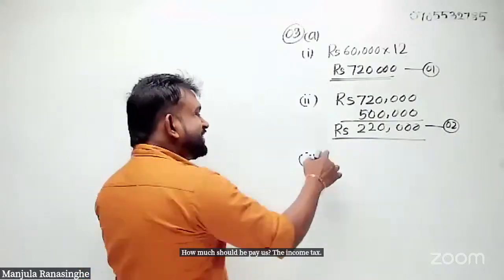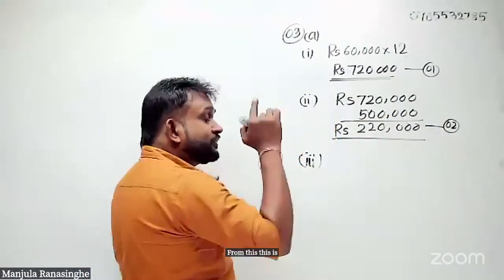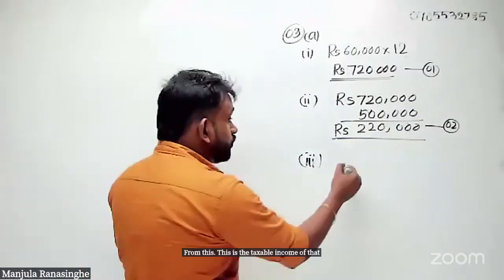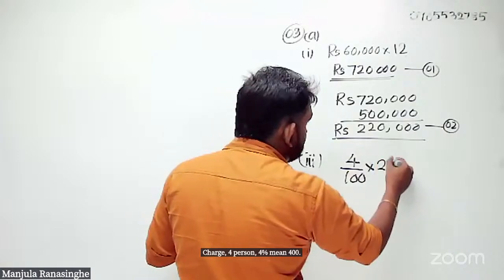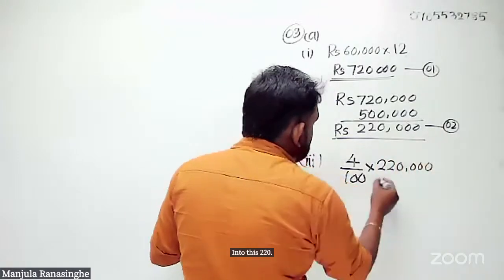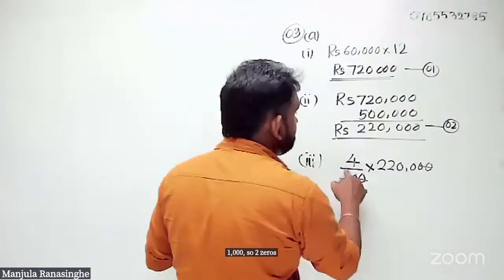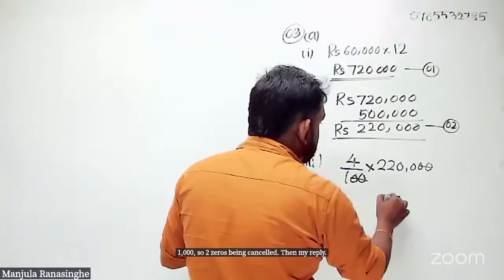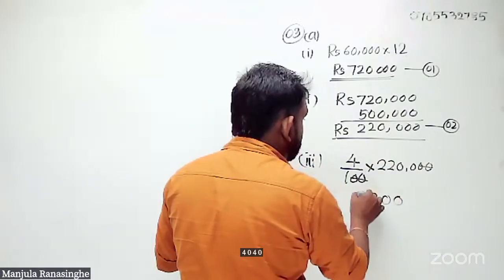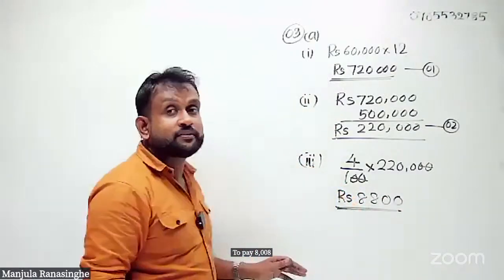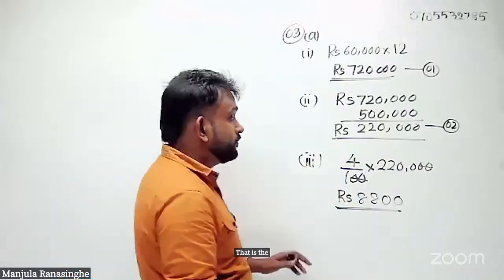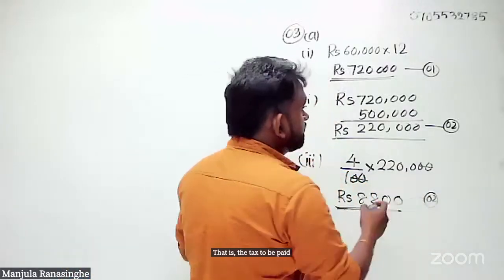The 4% is charged on the taxable income. 4% means 4 upon 100 into 220,000. Two zeros cancel, then multiply by 4: 4 into 2 is 8, and 4 into 2 is 8. Rupees 8,800 is the tax to be paid. You have 2 marks there.